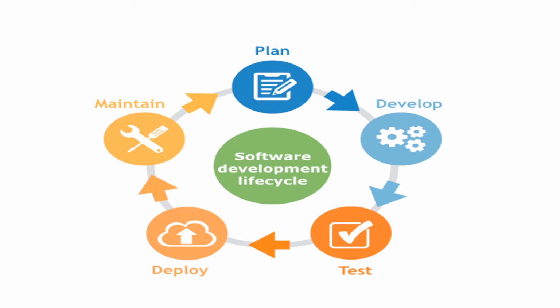Then again, based on the feedback, the developer changes the plan, develops the application, tests it, then deploys it. So it's a continuous process which never stops, and that is called software development life cycle.